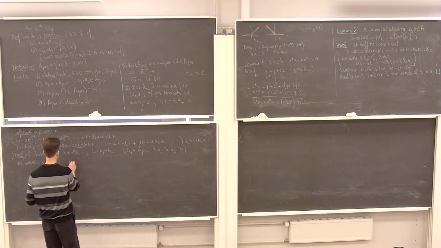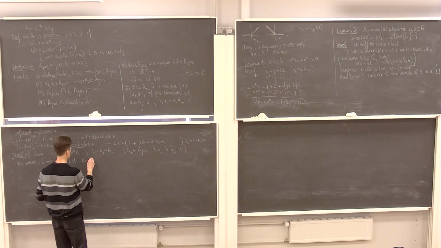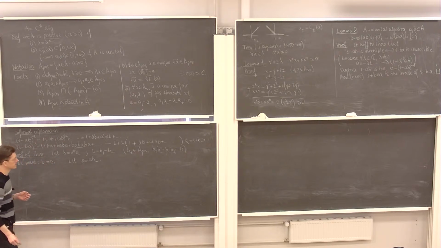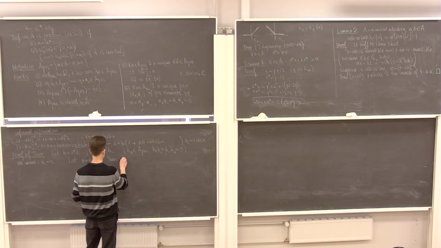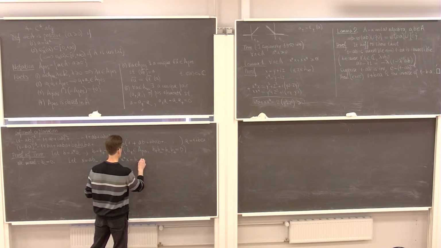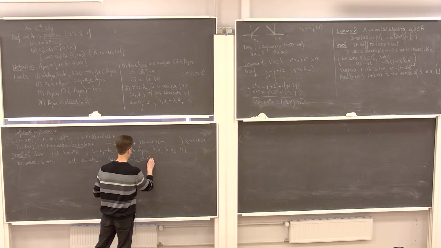Let's denote by X the following auxiliary element. X equals A B minus. Then what is X star X? X star is B minus A star, so X star X is B minus A star A B minus.